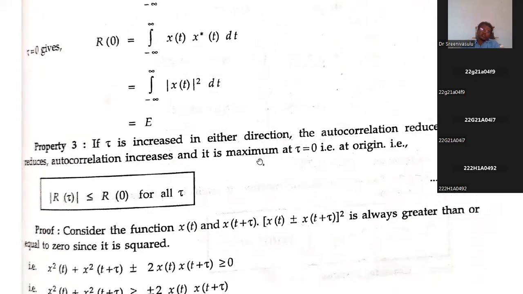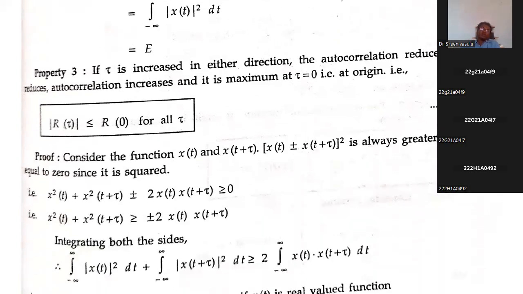Now see the third one. R of 0 value is maximum compared with the remaining tau values. The tau equal to 0 value, whatever we get in the autocorrelation function, is the maximum compared with all the remaining values of tau. So we are going to prove that relation from this.